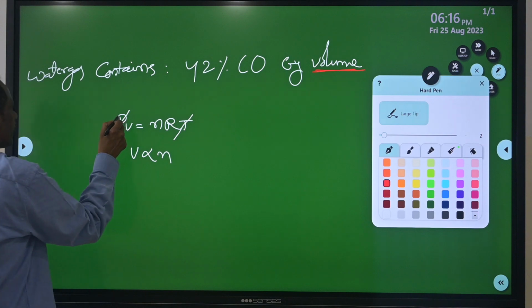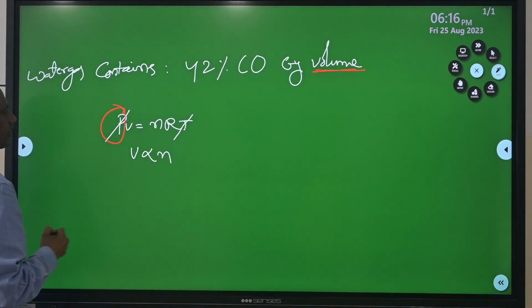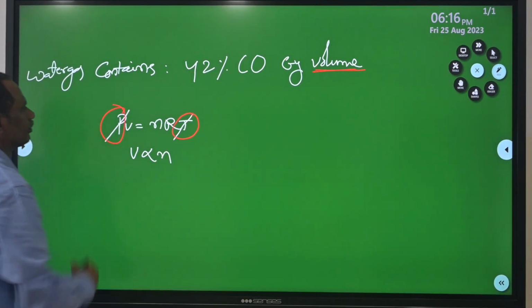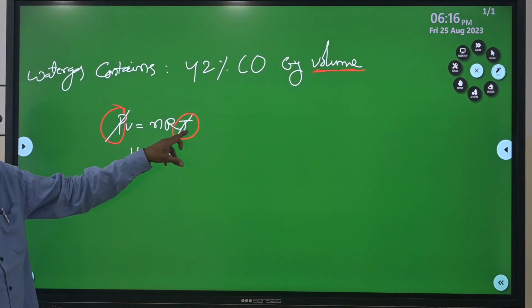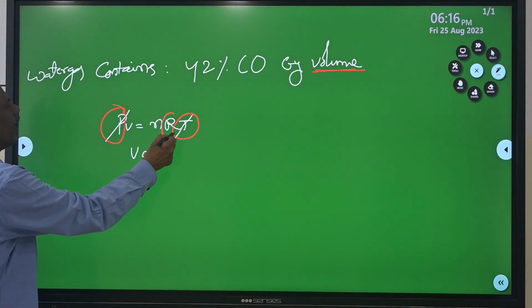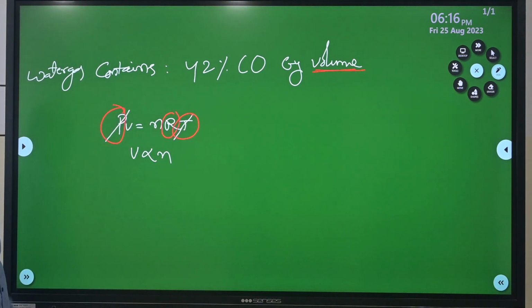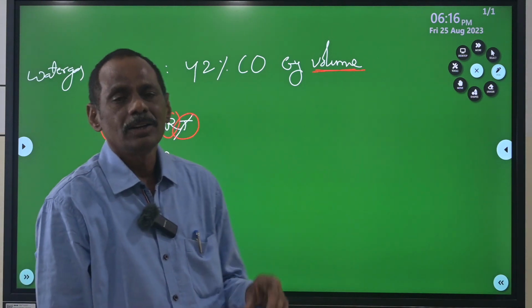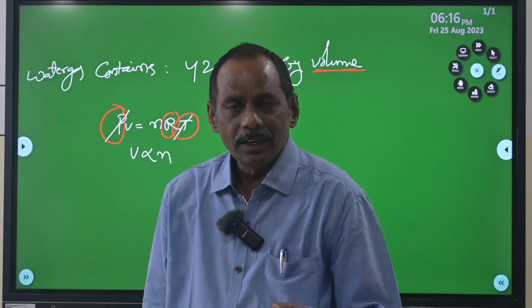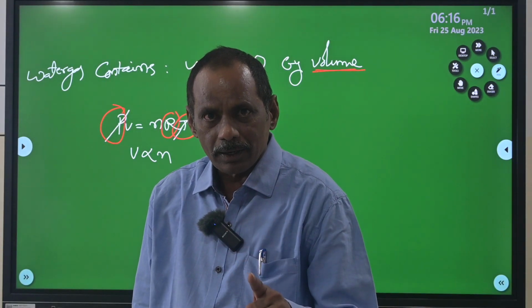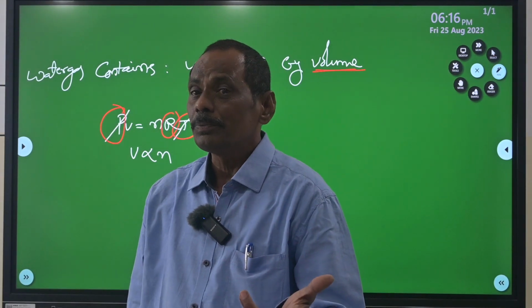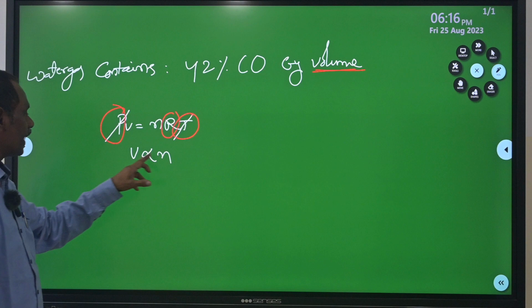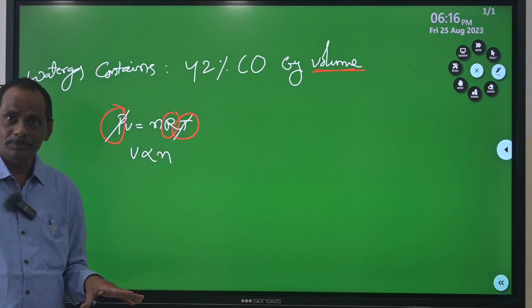Friends, instead of mole number, you may take the volume, because mole number is directly proportional to volume.